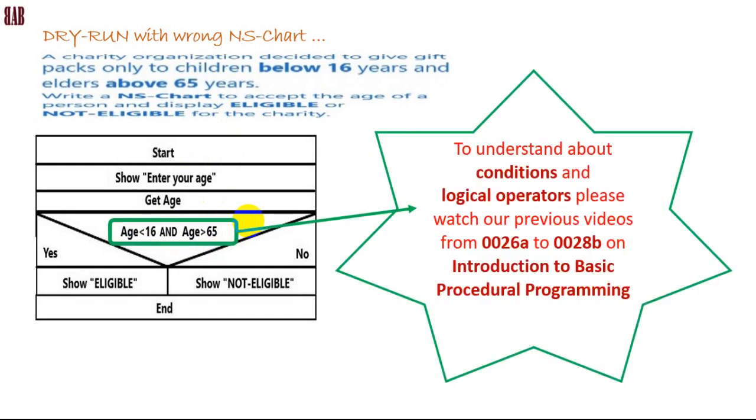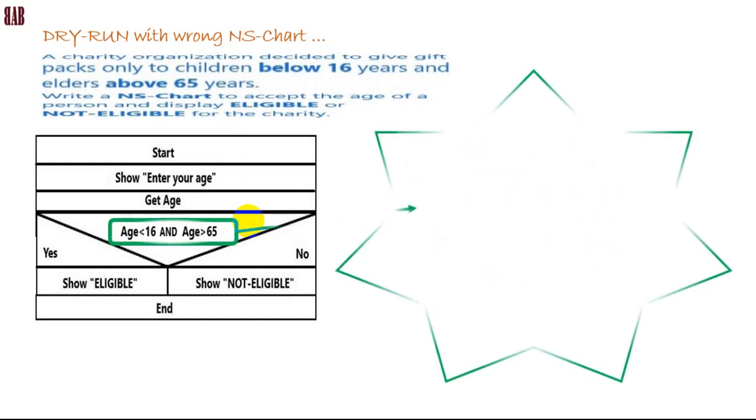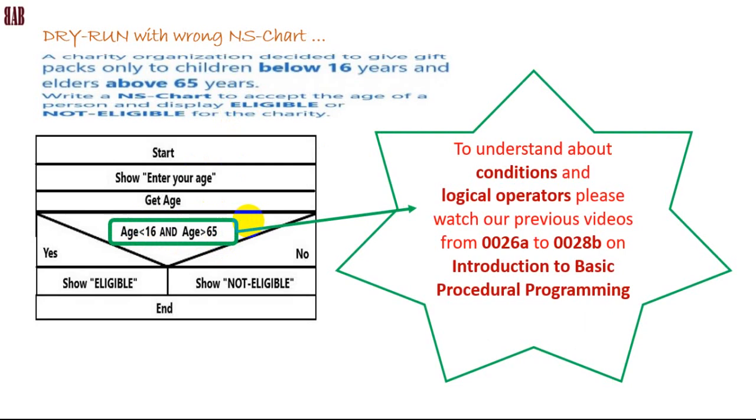Before we dry run, just make sure, if you have problems with this, we have done a series in our previous videos 0026A to 0028B in the Introduction to Basic Procedural Programming section about the conditions and logical operators.